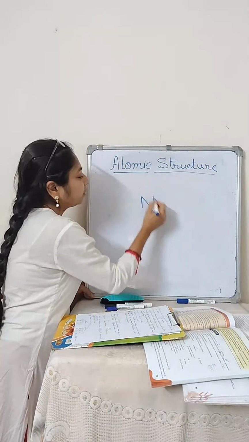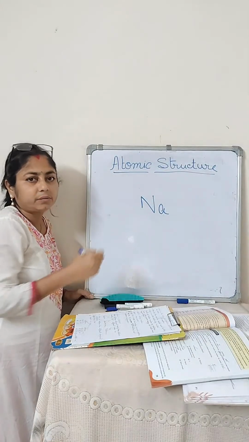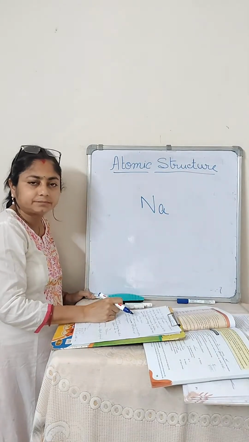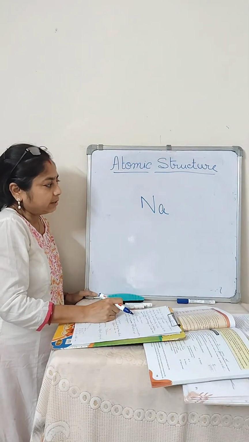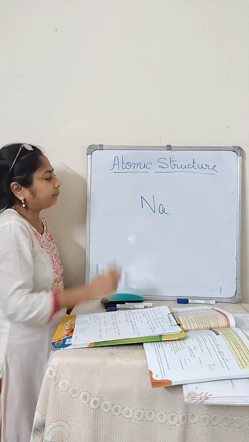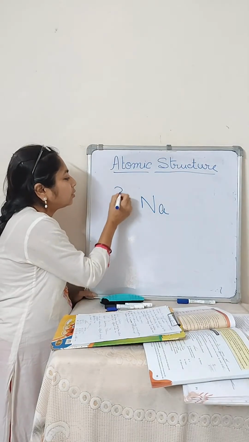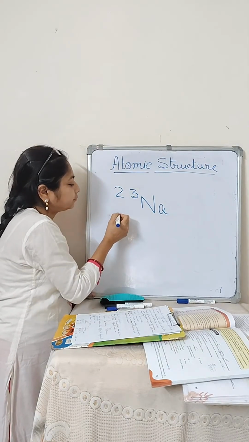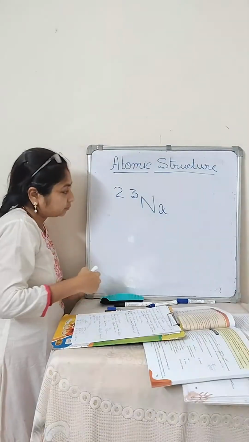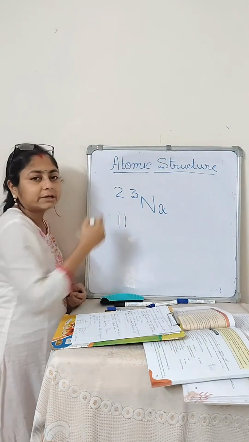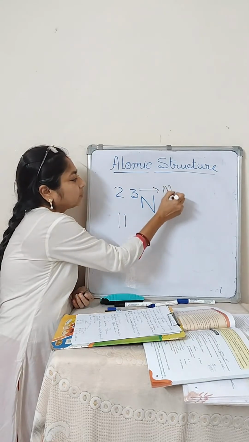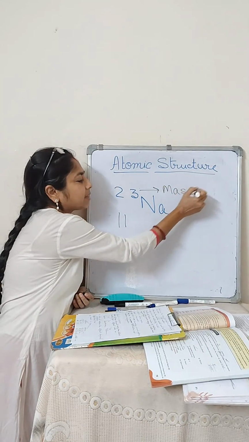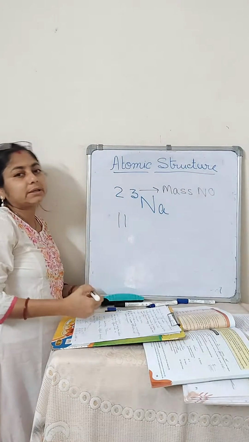Na. Can anybody tell what is the symbol Na? If you know, please write in the chat box. Na means sodium. What I am telling, it is mass number.